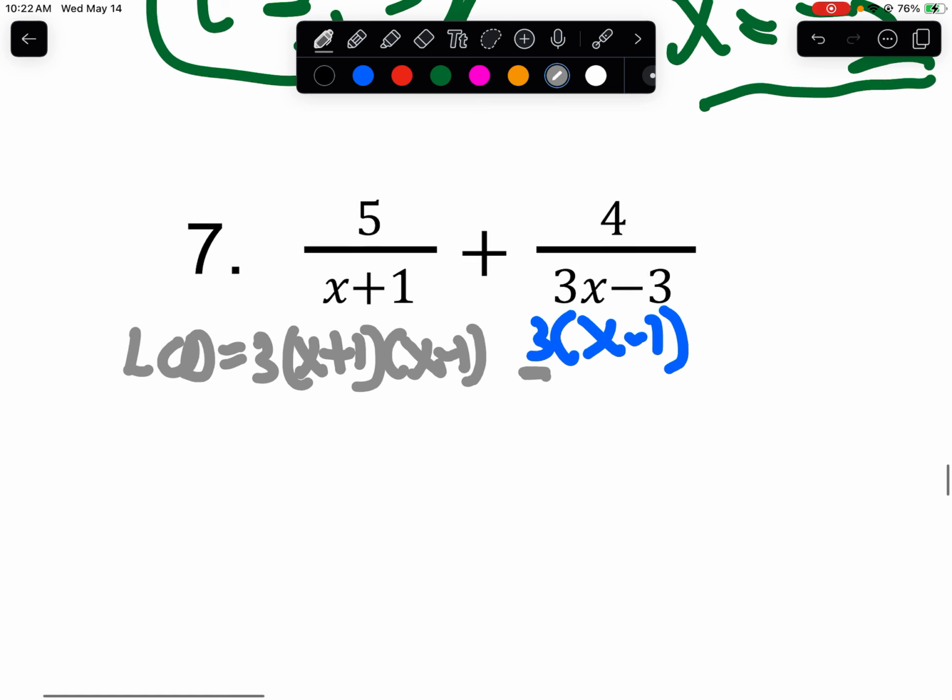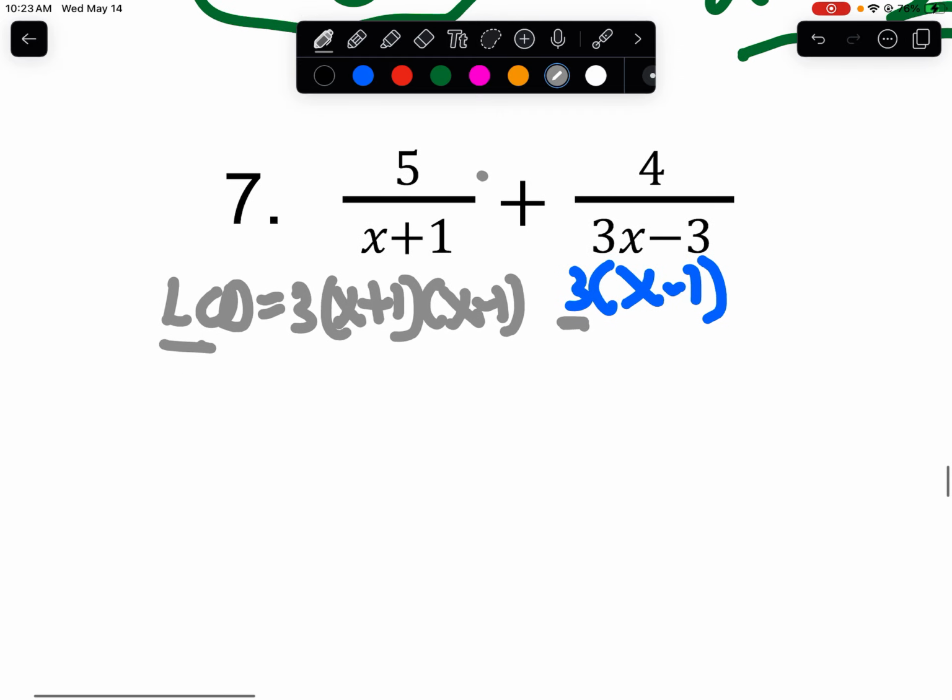So what we are going to do is multiply this LCD across the top on each of these fractions, basically multiply it by 1 and reduce. And then, actually, hang on. It'll be 5.